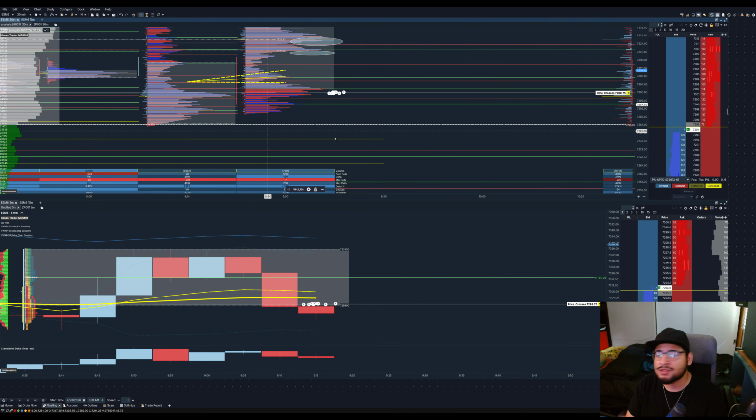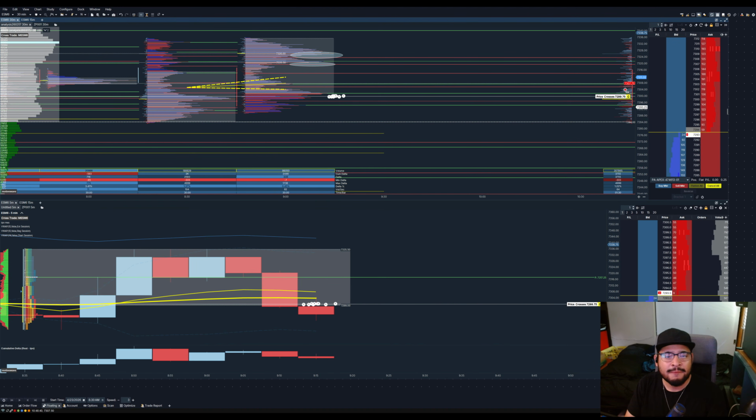And on this chart, the green profile here is a 3-day. I think it's a rolling 3-day chart. So targets for going lower.